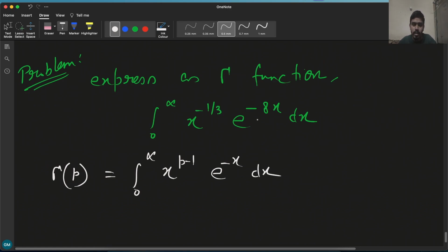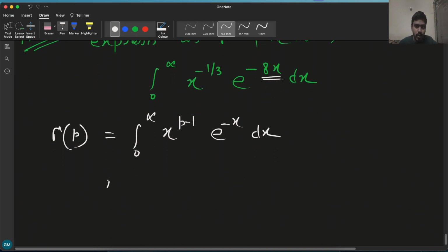So here, instead of e to the power minus x, we have e to the power minus 8x. What I will do is, in this integral, I will treat this 8x as, let's say, y.